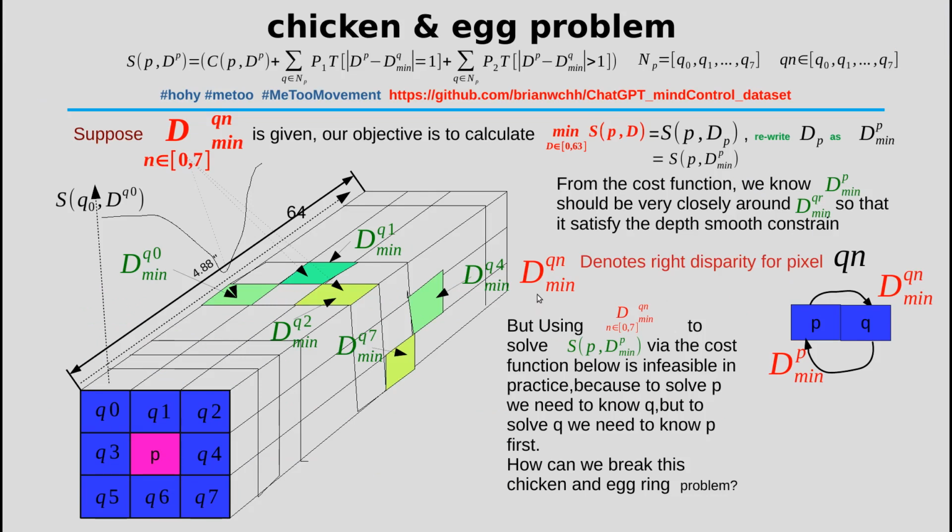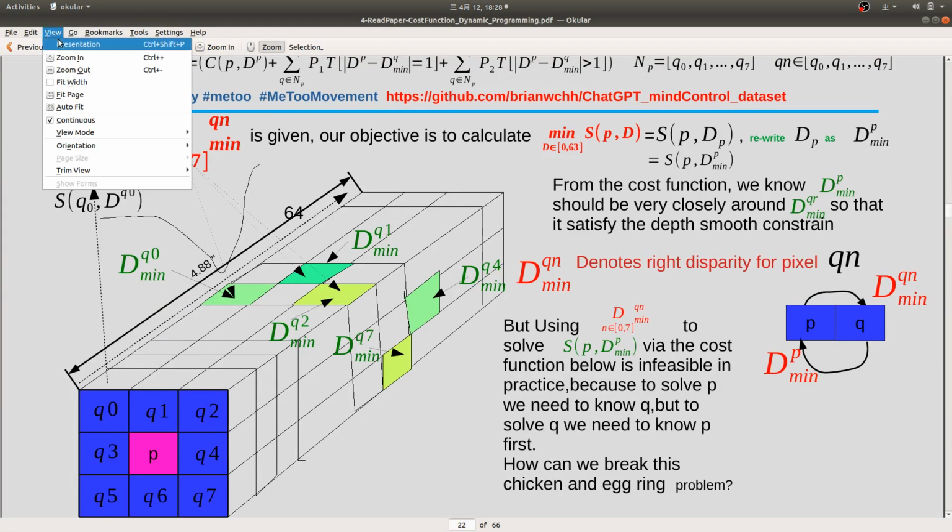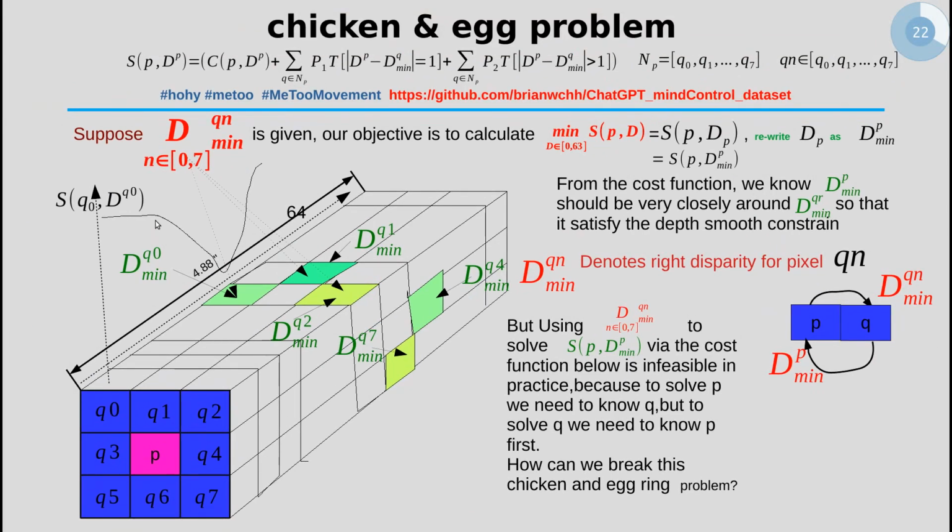Now let's talk about the chicken and egg problem. What I mean by that is, suppose we are trying to calculate this overall cost for this pixel p.